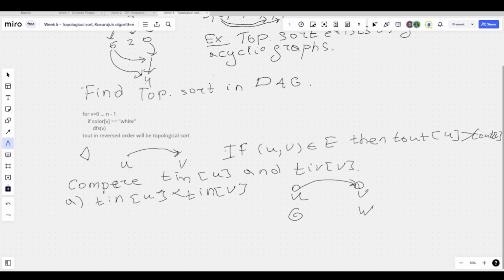According to this case, we just use the lemma about the white path.